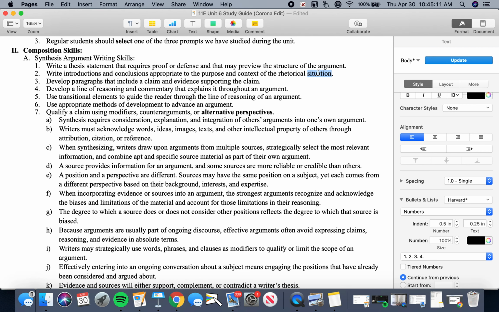And good pieces of writing have engaging introductions that drive you toward the thesis and offer you necessary background information that brings you to that thesis, okay? That hook the reader, if you will.